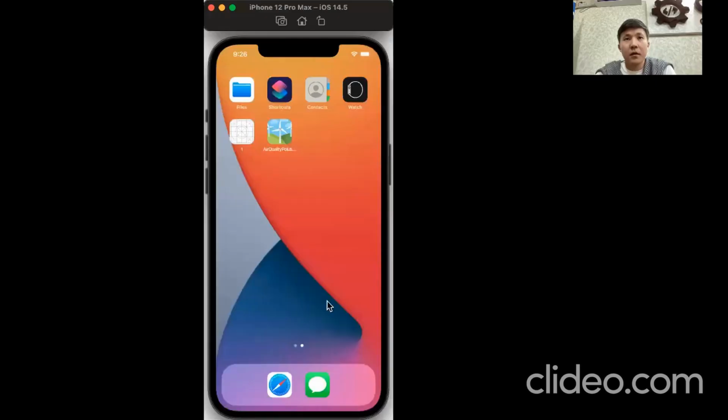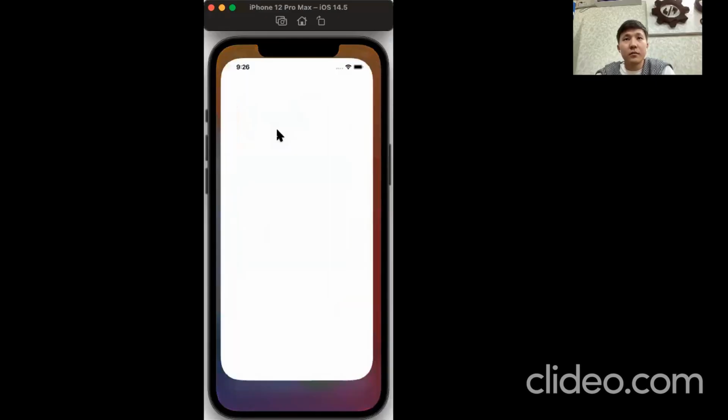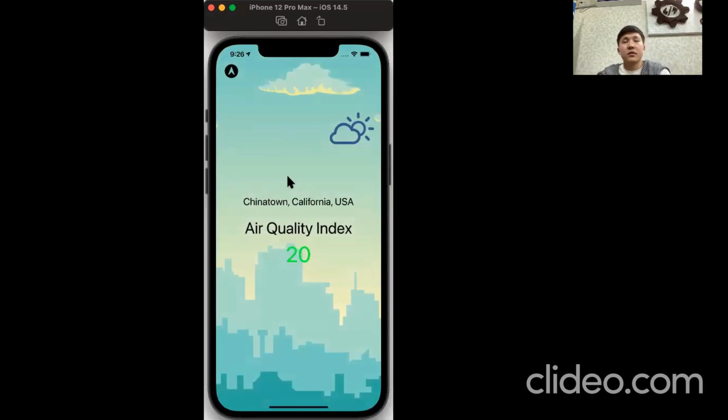So here's a demonstration of our application. Air quality pollution detector. This is just the beginning of our application, and we have some plans to build it on Android, and we're also trying to build a website, but this one only runs on the iOS operating system.